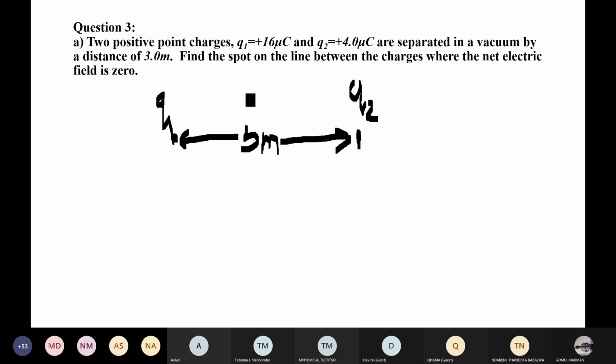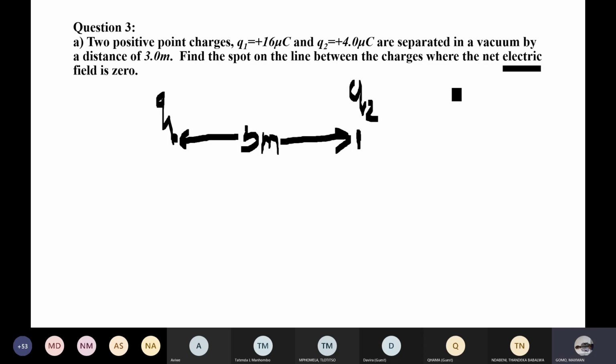Then they are saying, find the spot on the line between the charges where the net electric field is 0. So they want you to find a point between these two where the net electric field, which is E, is 0.